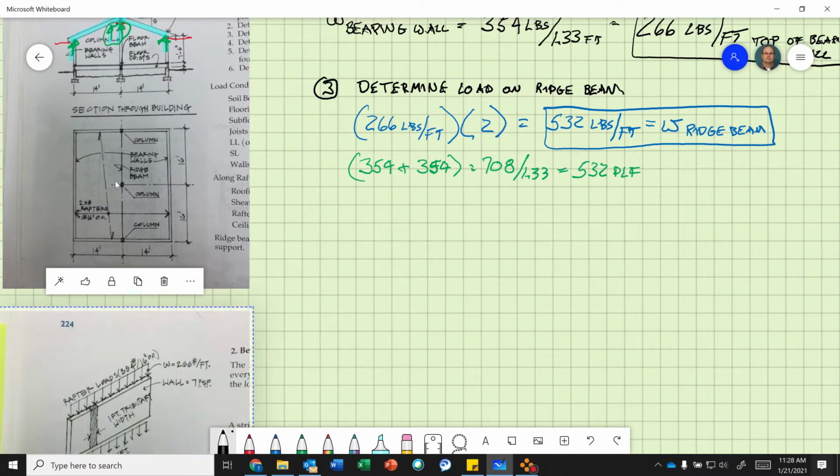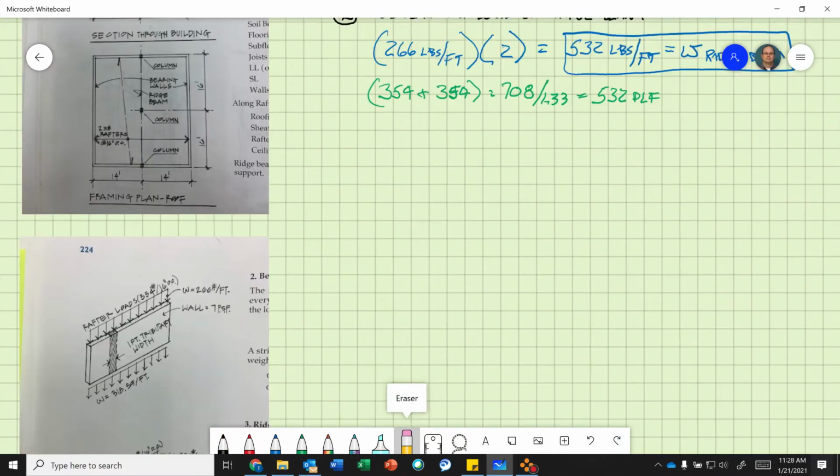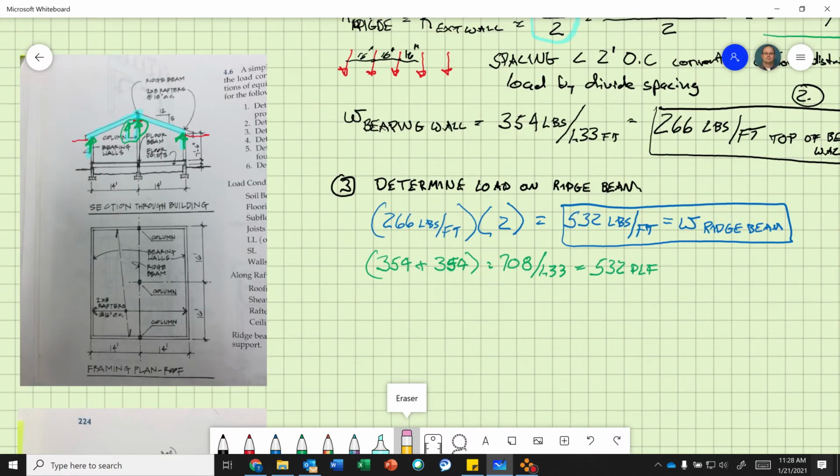Okay, so let me do a little bit of erasing here. All right, so it's clear again. So we only have columns in the interior of this building.